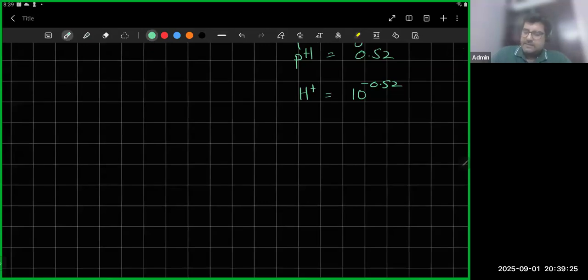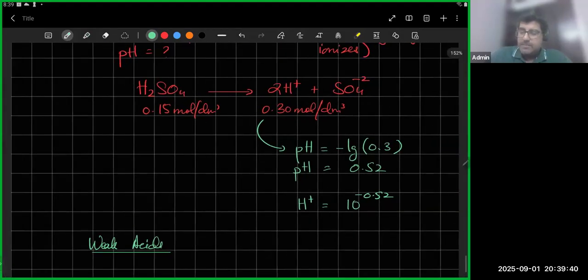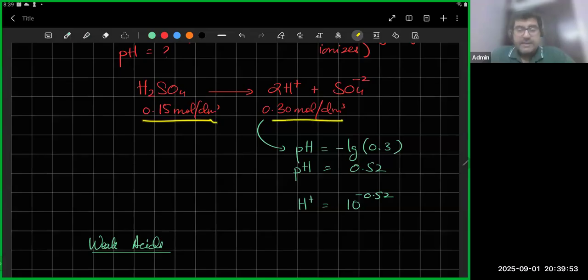Now the trouble starts with weak acids. The good thing with the ones we were doing above was that it was pretty easy, because assuming sulfuric acid was fully dissociating, you had the concentration of the acid and you would easily figure out the concentration of the H plus ions.